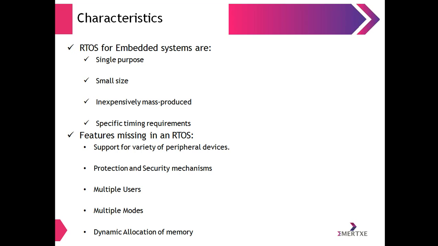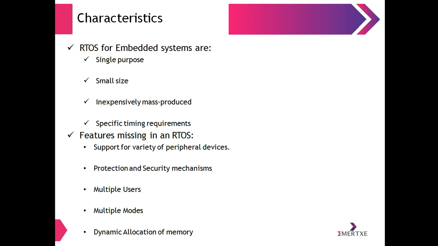In case of a real-time operating system, the RTOS for embedded systems are single purpose, small size, inexpensively mass produced, with specific timing requirements, such as a washing machine. It is not that big in size, and it is single purpose, small size, depending upon the thing that we are using here.